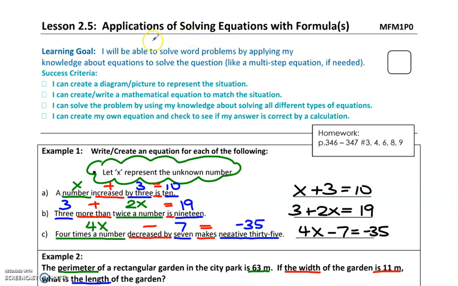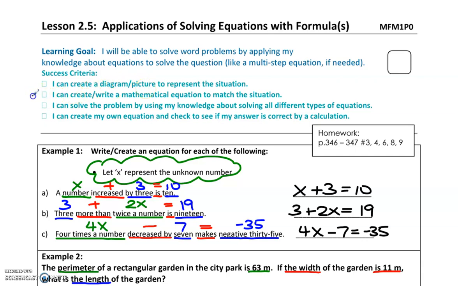All right, now the success criteria or learning goals that we're going to have for this lesson: we're going to see if we can read the question and draw a diagram, because a lot of times a picture will help you to be able to visualize the problem. And once you get a picture, you start to form an equation.